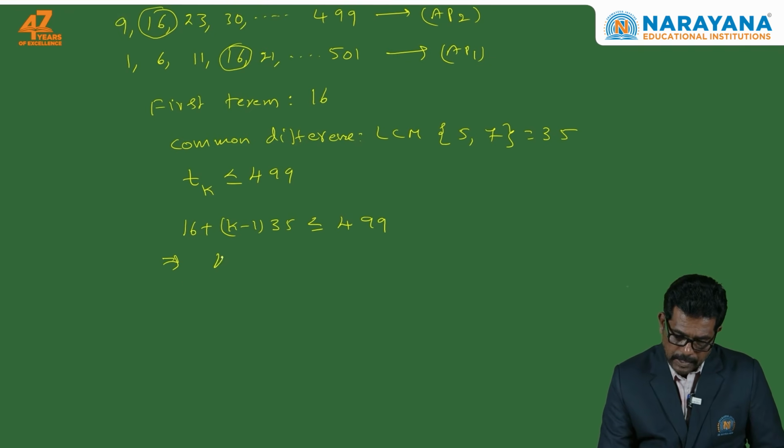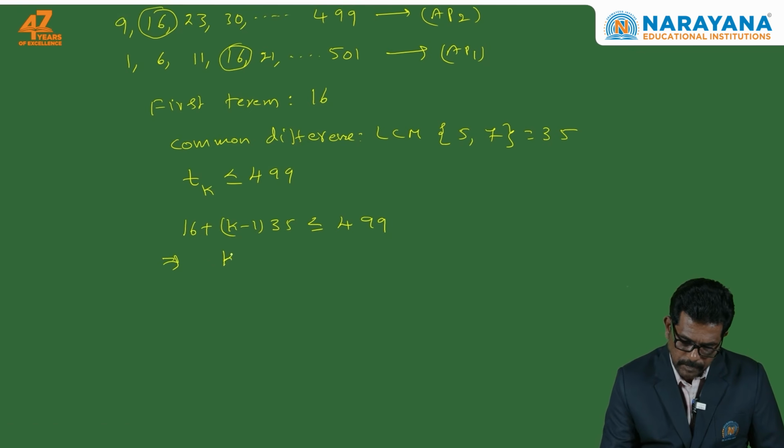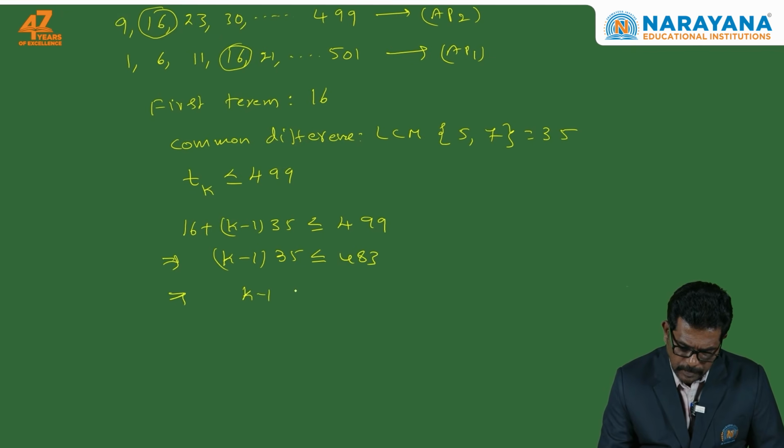So here, (k minus 1) times 35 is less than or equal to 483, and from this k minus 1 is less than or equal to 483 upon 35.